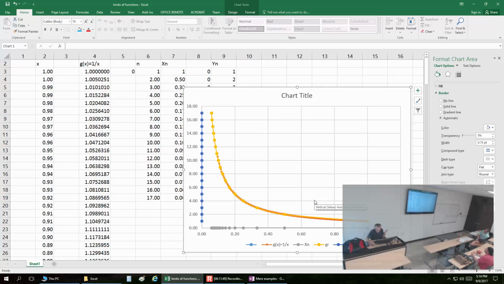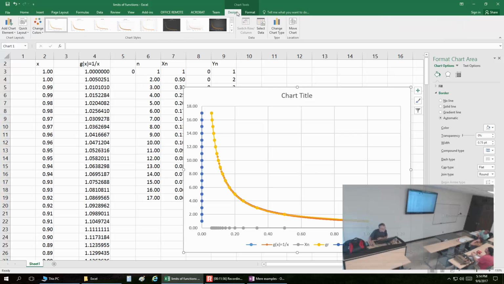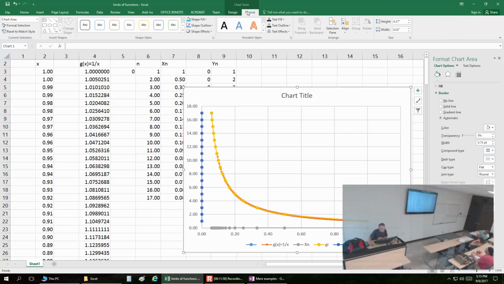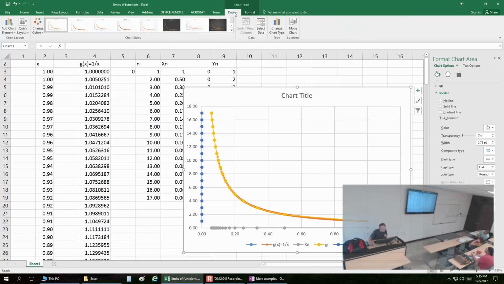Where are the arrows? Design and format, that's exactly what I don't need. Not design, not format. Layout.